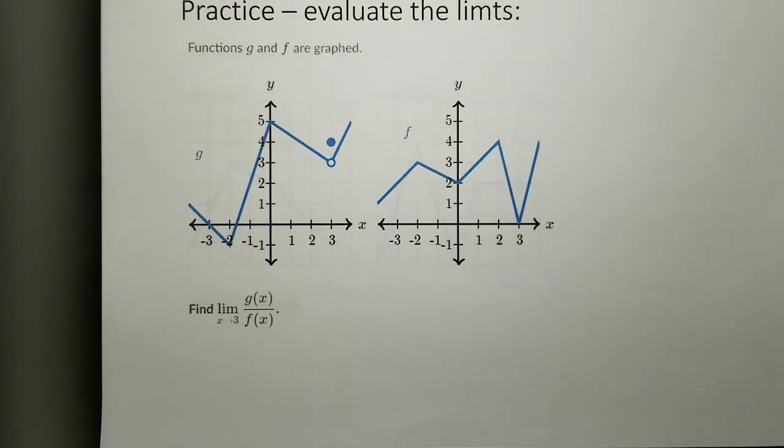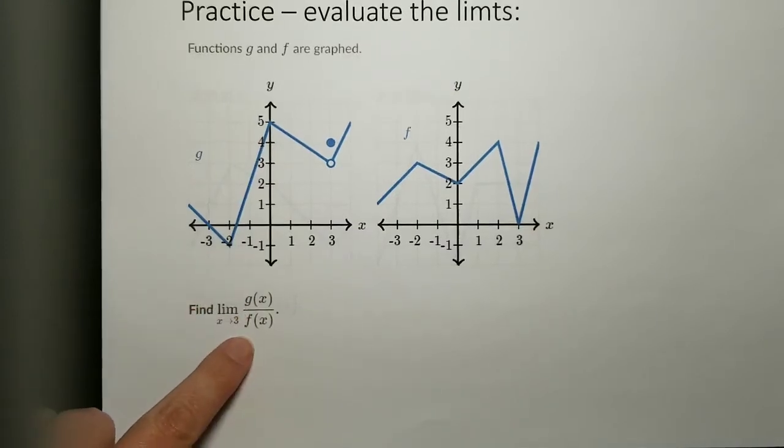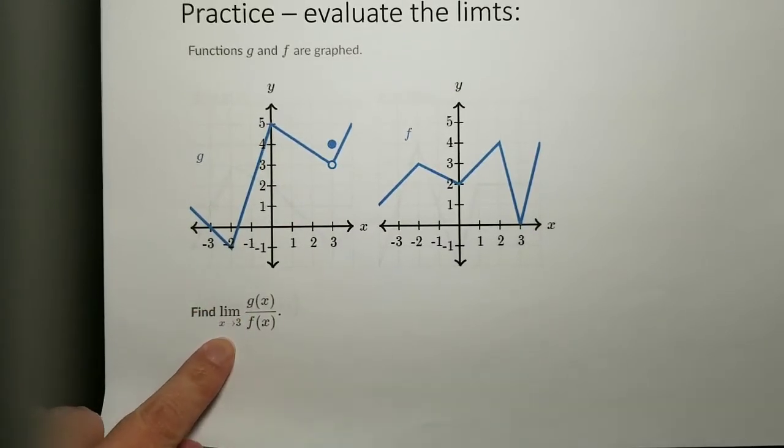Now, we've got another 2 graphs. We've got our g and f. So here we've got 2 functions, and we're looking again for the quotient, g over f as x approaches 3.